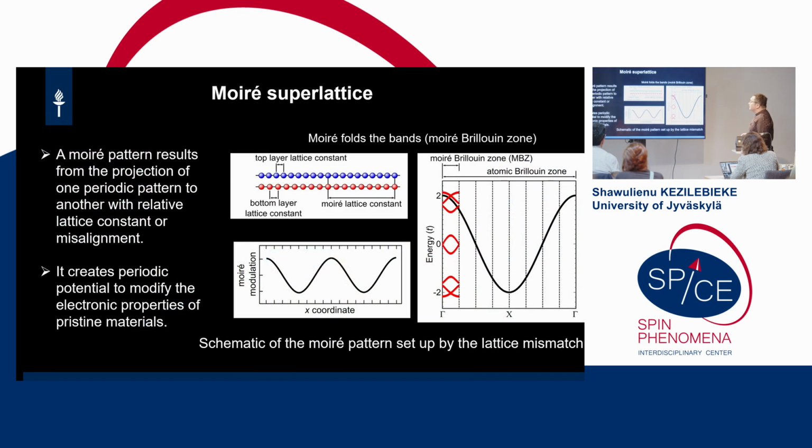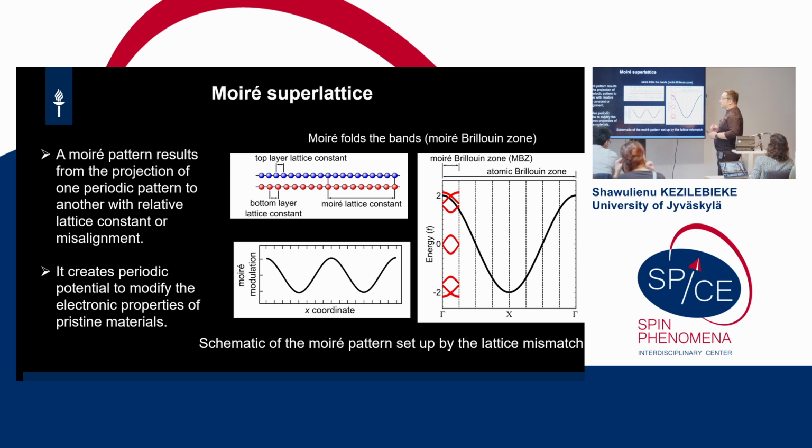So first, a little bit of background information about the Moiré pattern, which is the projection of one periodic pattern onto another. Usually you can achieve this by twisting two lattices, or you just misalign two different lattice constants. This also gives you the Moiré pattern. The Moiré pattern creates a periodic potential in the pristine materials.